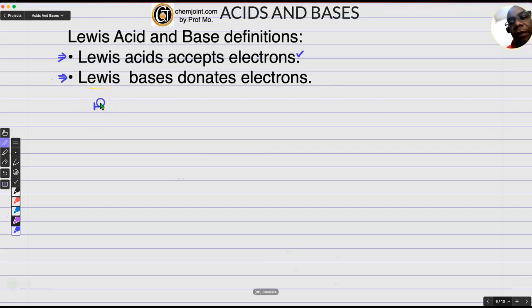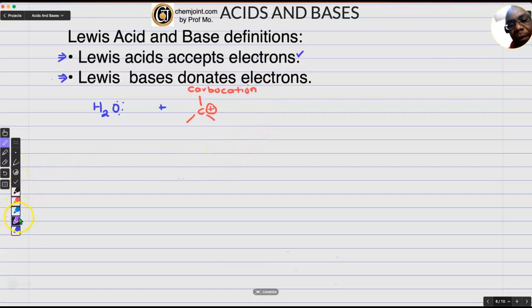Let's assume that we have water. That's common, so I'm using it. And then I'm gonna use the H2O to attack a carbon that has a positive charge. Let me put the positive charge on the other side. This species in organic chemistry is called a carbocation.